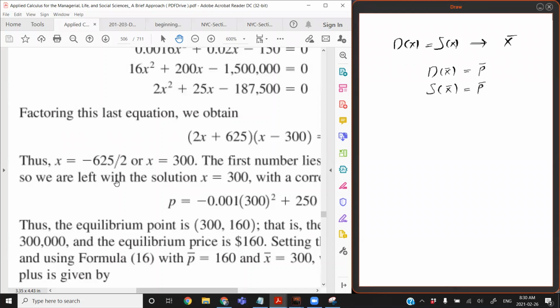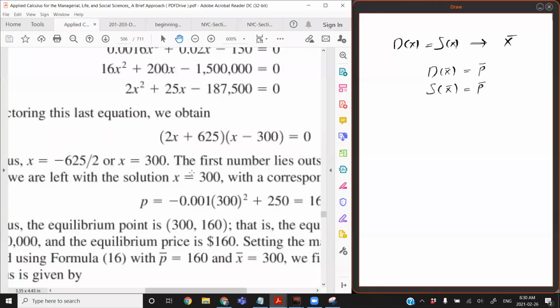The negative answer, you're going to reject, because X bar is the number of items demanded or produced per period, so it cannot be negative. That means the demand or the supply is 300.